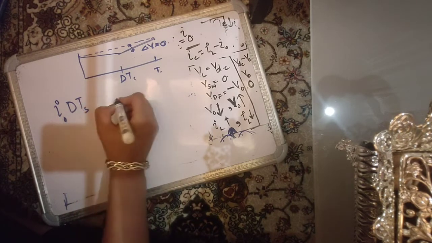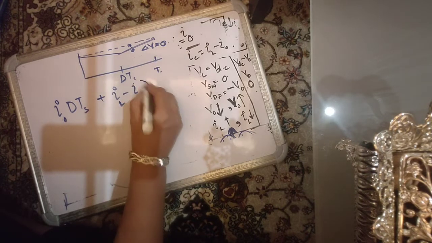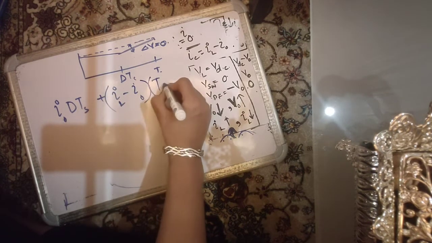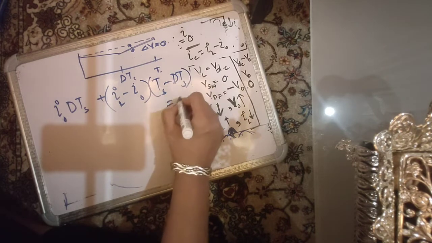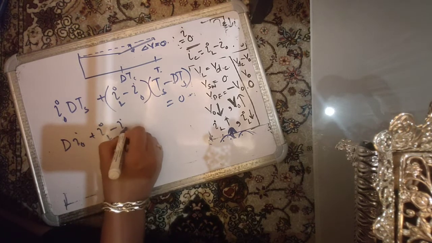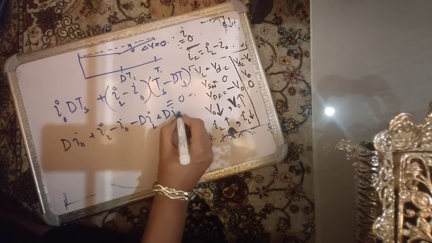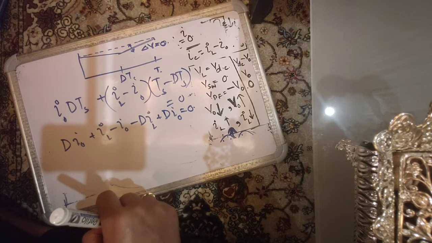Let's go back. The capacitor current in the first interval was I naught and the interval was DTS. And then it was IL minus I naught, where IL is nothing but the source current, and the interval was TS minus DTS. If we solve this further, D I naught plus IL minus I naught minus D IL plus D I naught is equal to 0. Right?